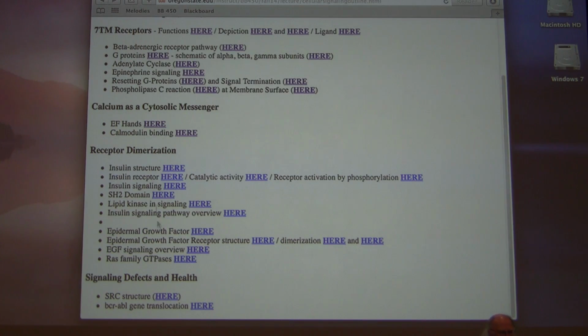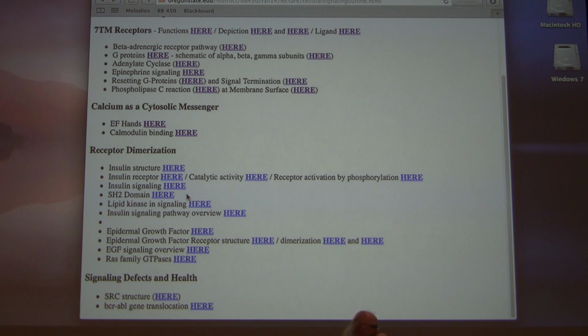Okay. Well, let's talk about perhaps a bit more interesting kind of signaling process that happens. The signaling process I'm going to talk about now relates to insulin. Insulin signaling does not occur through a 7-TM. The first two I've described to you occur through a 7-TM.